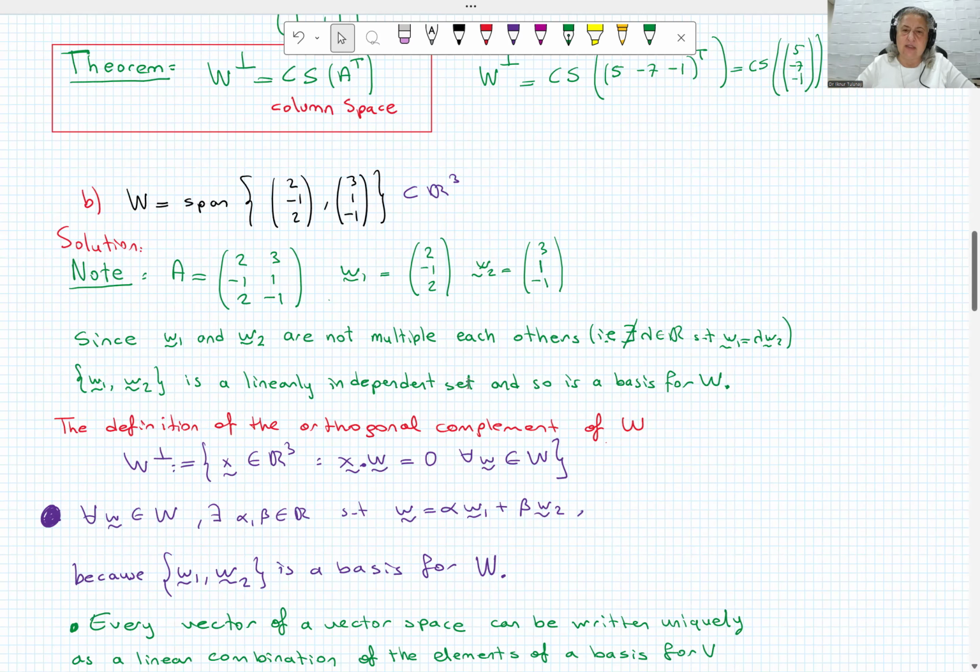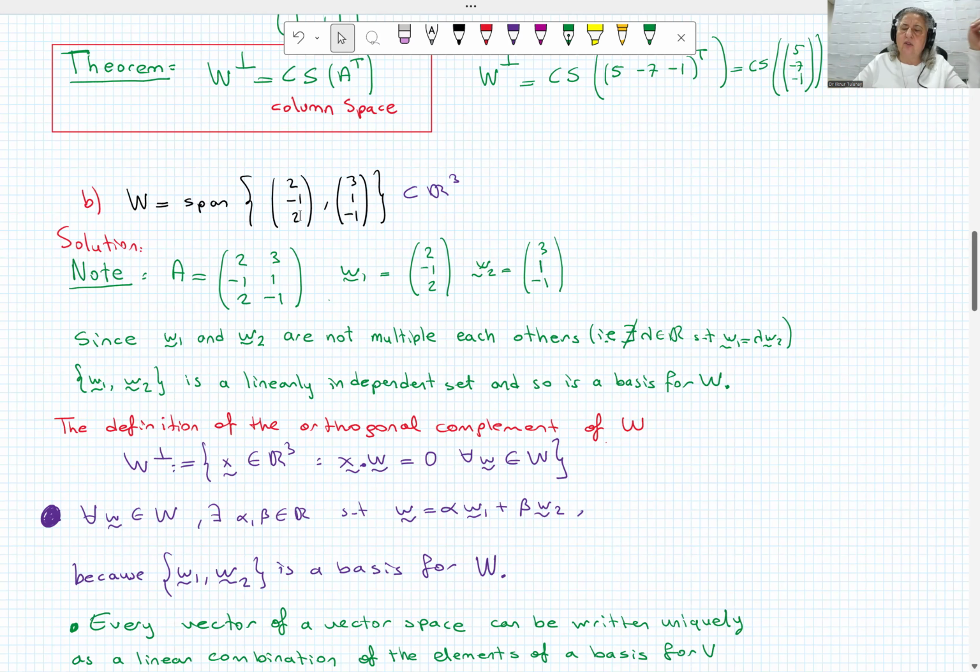Okay, let's do this. We have W, a subspace spanned by two vectors. These two vectors have three components, so this is a subspace of R3. Call this vector W1 and this vector W2.